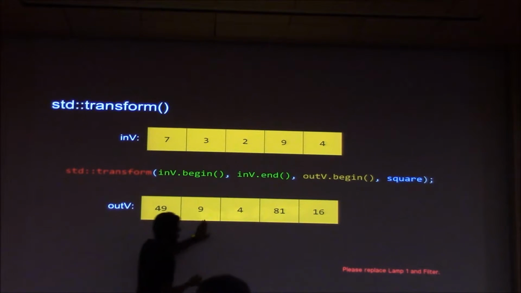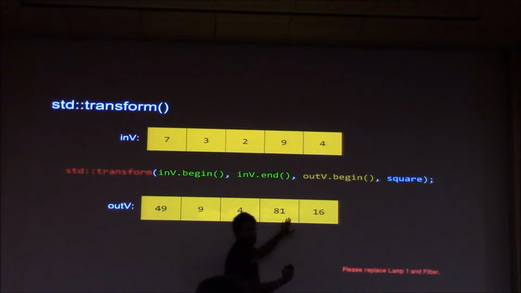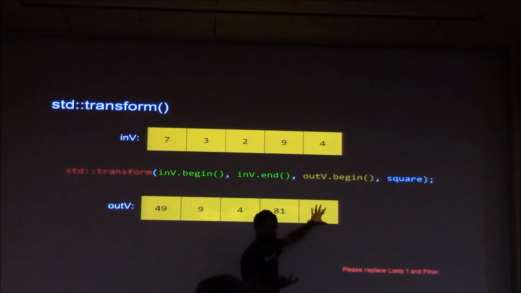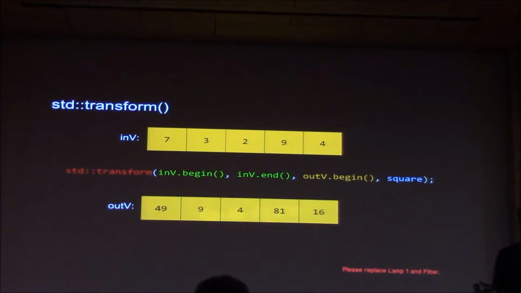If you start writing the output from this location, 49 will come here, then it will keep on going till 81, and there will be no space for 16, right? It depends on how the vector is implemented. You have to look into the implementation. Maybe it will create a new element, or it is just undefined behavior. You cannot guess anything on that. We have to check the manual for that, I mean the cppreference of transform.